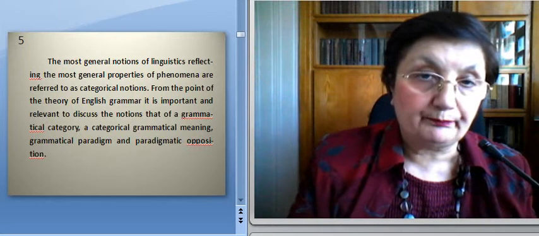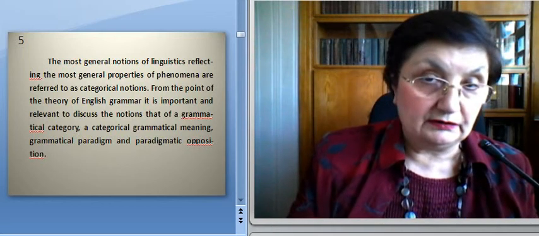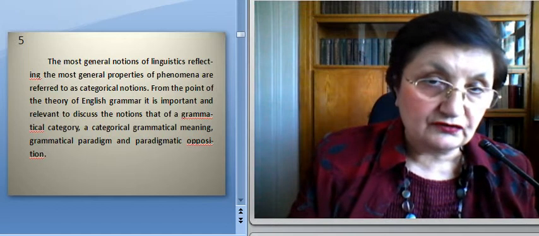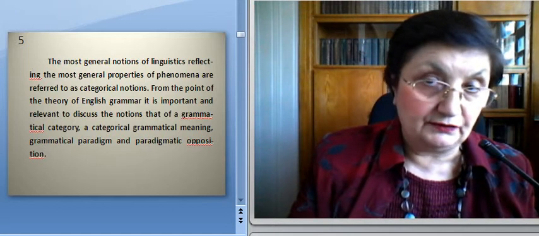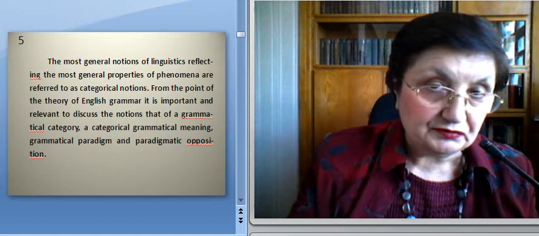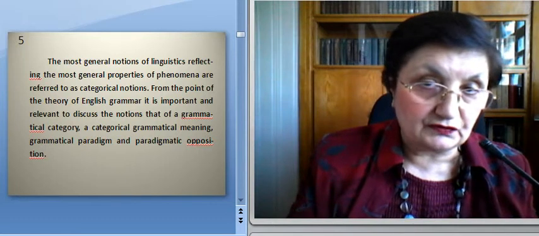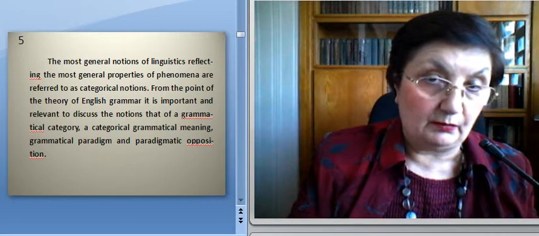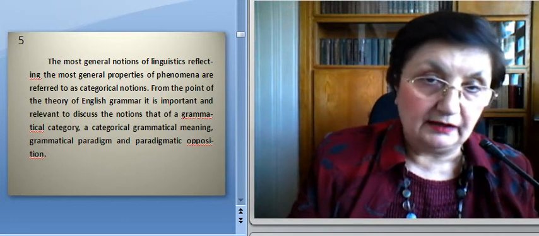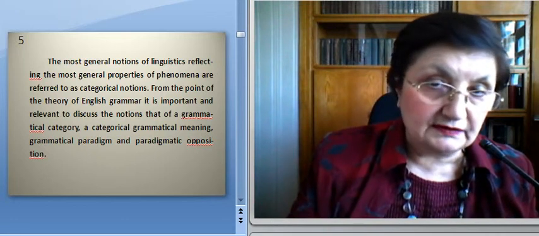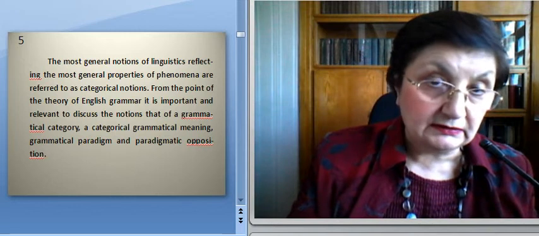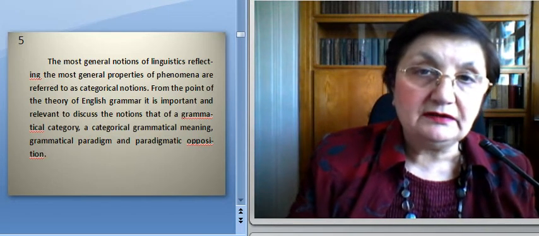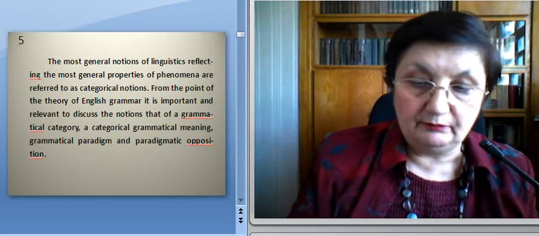The most general notions of linguistics, reflecting the most general properties of phenomena, are referred to as categorical notions. From the point of view of the theory of English grammar, it's important and relevant to discuss the notions of a grammatical category, a categorical grammatical meaning, grammatical paradigm, and paradigmatic opposition.